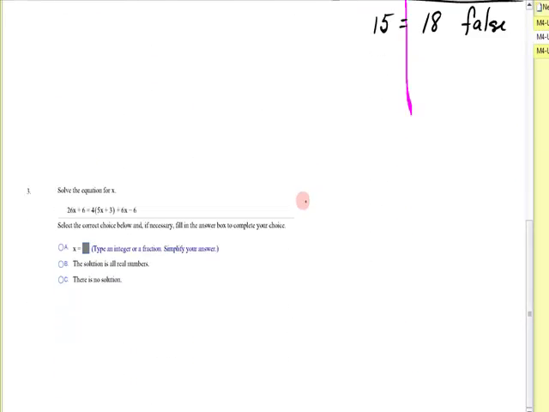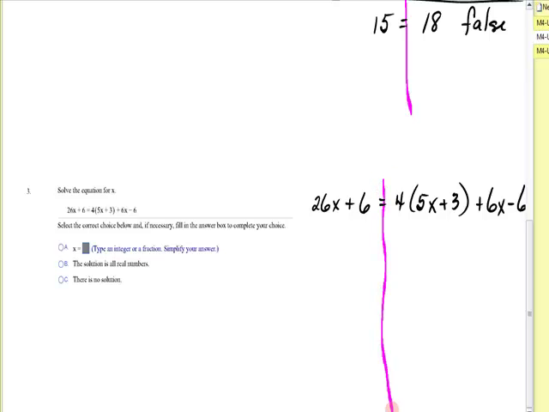Now I have 26x plus 6 is equal to 4 times 5x plus 3, plus 6x minus 6. Keep the 26x plus 6. Let's simplify on this right-hand side. Distributive property, 20x plus 12 plus 6x minus 6. I have 20x plus 6x is 26x.